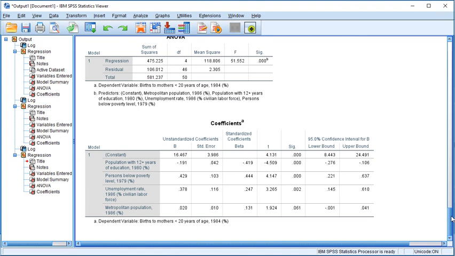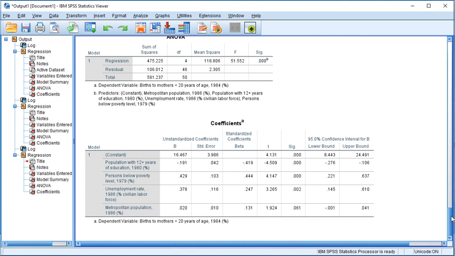So if we notice for each of these confidence intervals, 0 is not contained in the first confidence interval, nor the second for poverty rate, nor for unemployment rate, but 0 would be contained within the confidence interval for metropolitan population, the urban population.